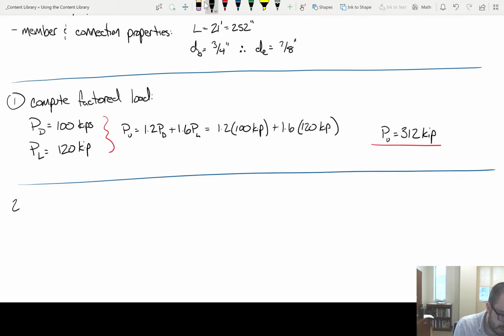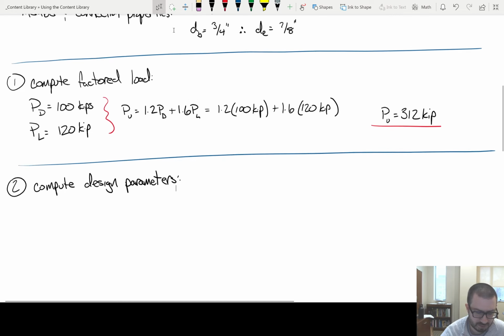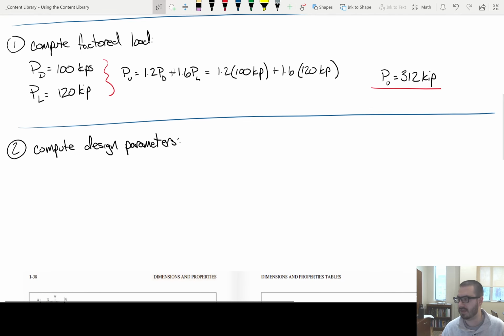Now let's do step 2, where we compute our design parameters. The way that I like to do this is, over here off to the side, I'm going to compute 0.9 FY and 0.75 squared FU.